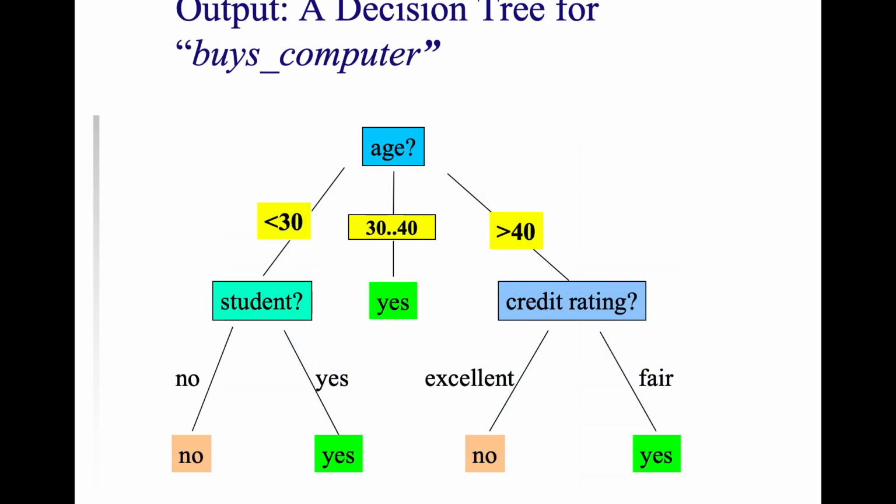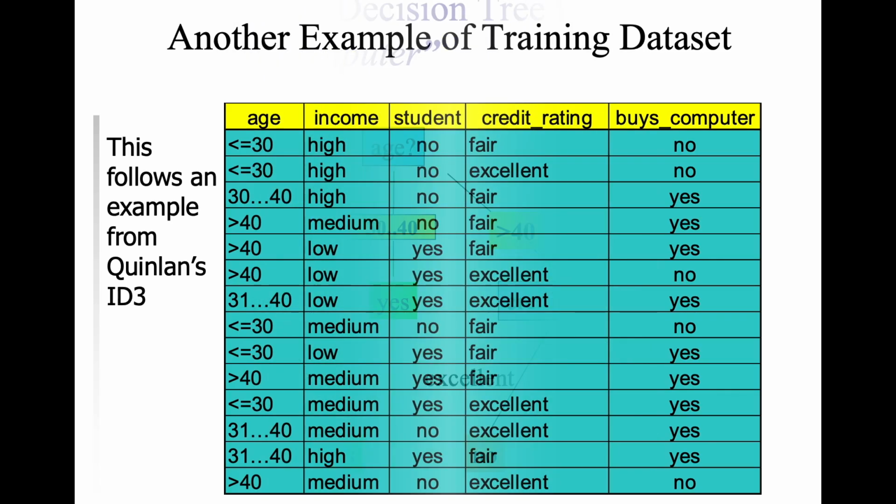Now, here it tested with student. Now let's go back to our table. Here we only have 4 features, right? And deciding which feature to put here after age is not easy. It wasn't even easy to think about which feature we want to choose for the root, right?